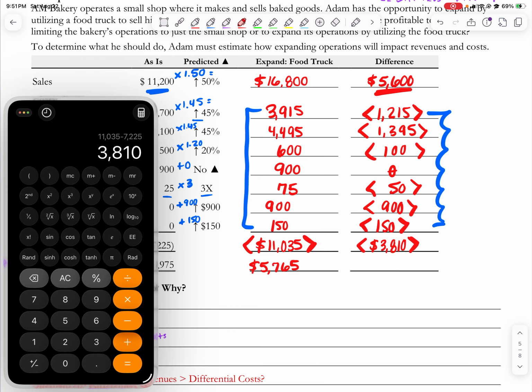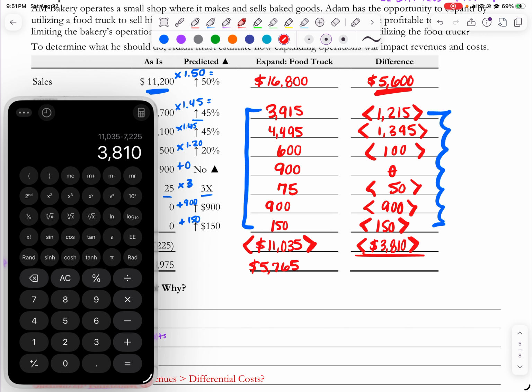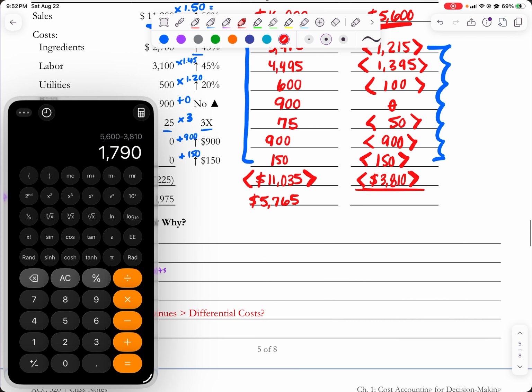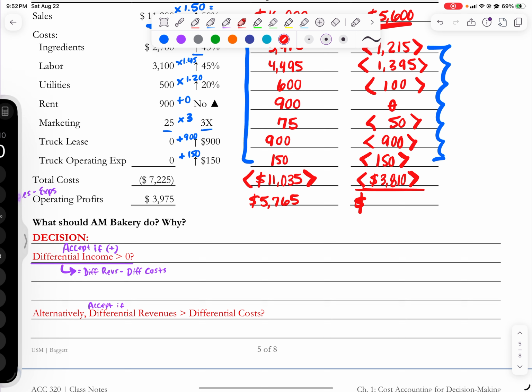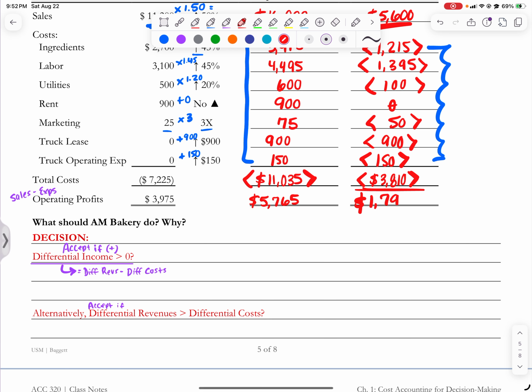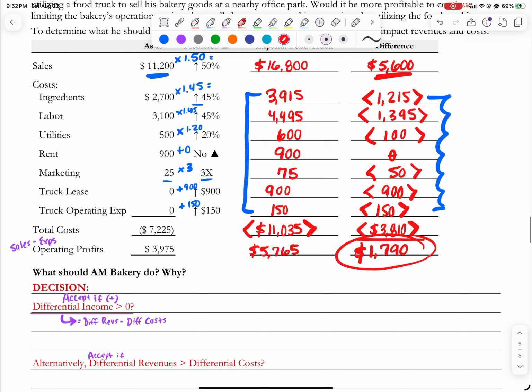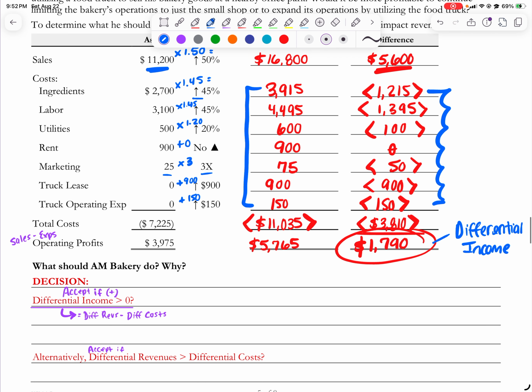So now take the 5,600 in differential revenues minus the 3,810 in differential cost. That is $1,790. Note that is my differential income, the difference in income between the two alternatives.